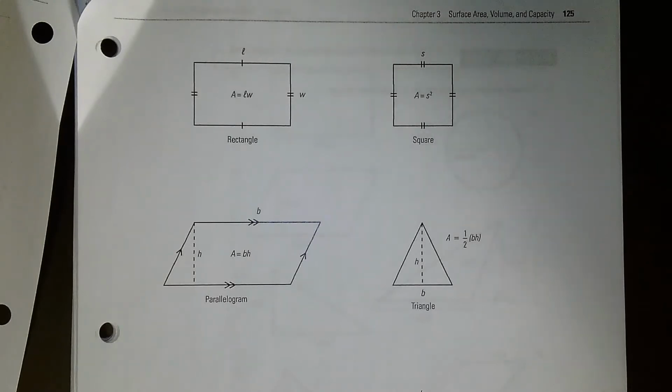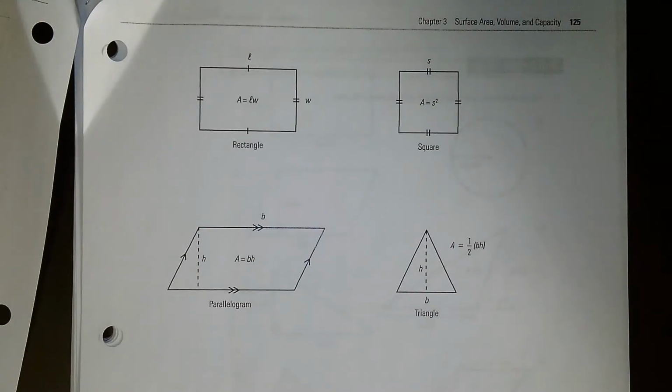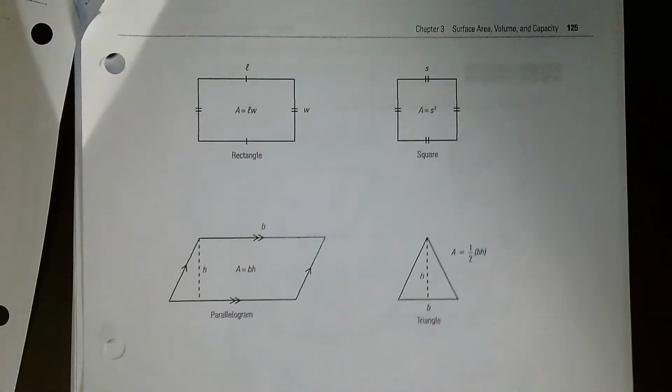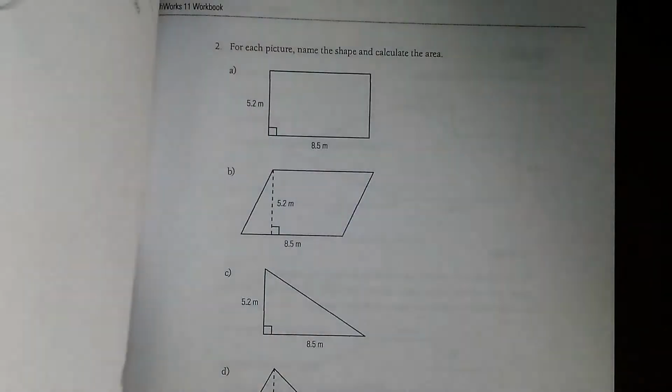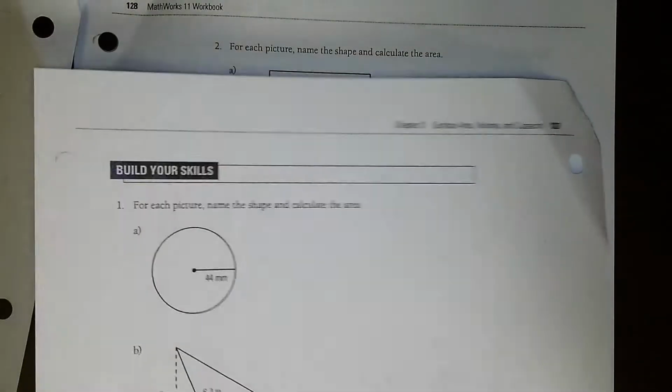You aren't needing a cheat sheet, but if you want to pull that aside, you can. Then on the very next page you have some examples you could go through. They're pretty simple examples, just to get the hang of using the formula for two-dimensional surface area.